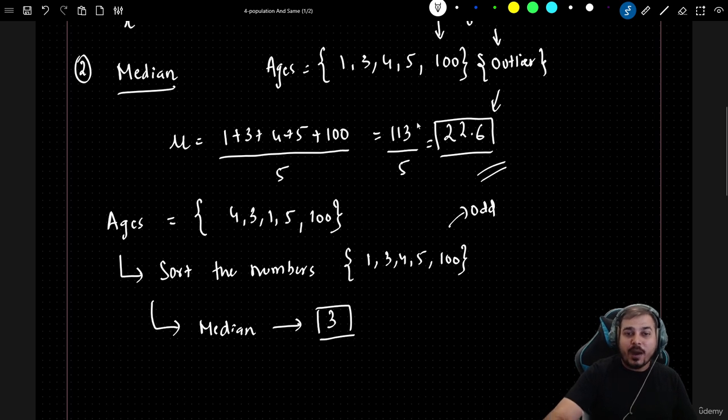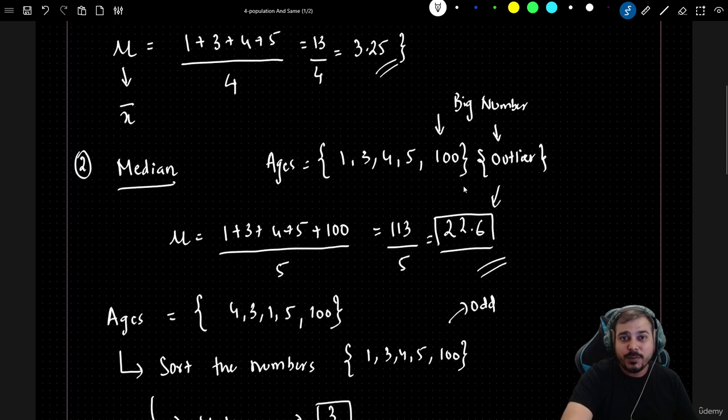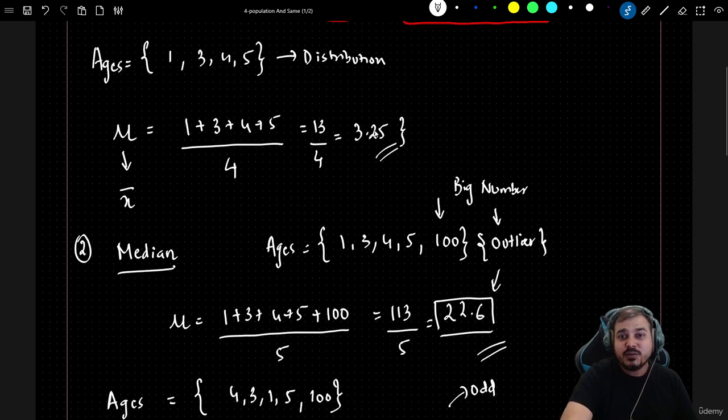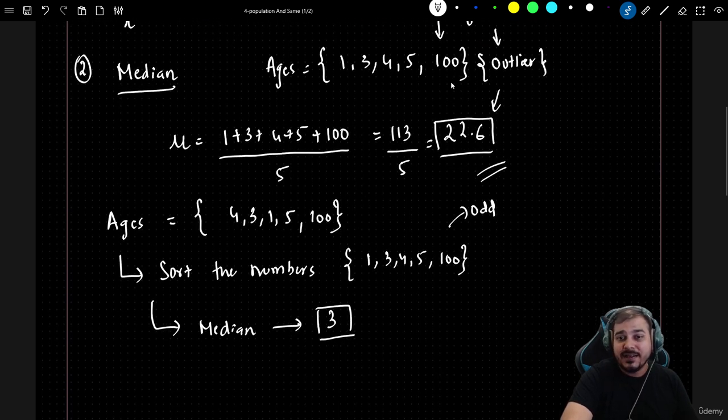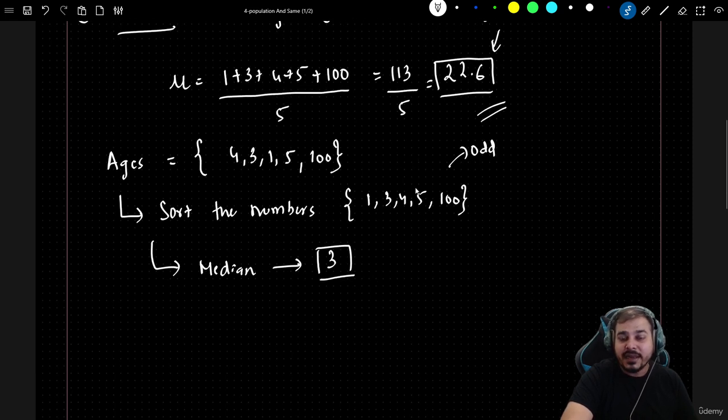Now understand why this will definitely work, because over here you can see my average was somewhere around 3.25, right? But even though the outlier, a big number, was added, with the help of the median, since I picked up the central element, sorry, the central element over here will be 4. Just a small mistake. Because this is my central element, right?